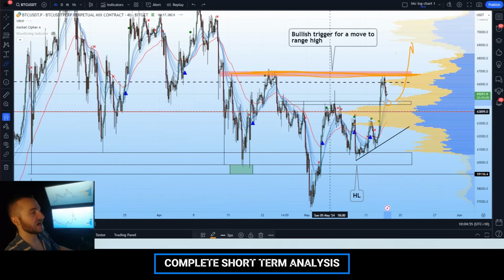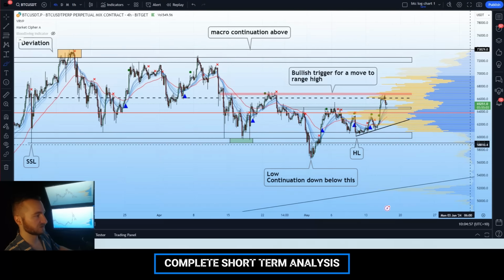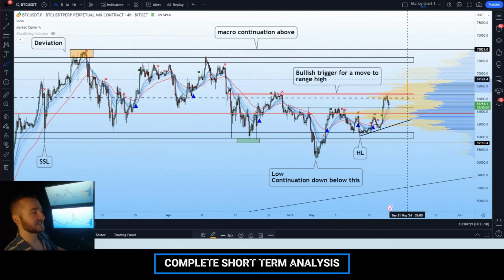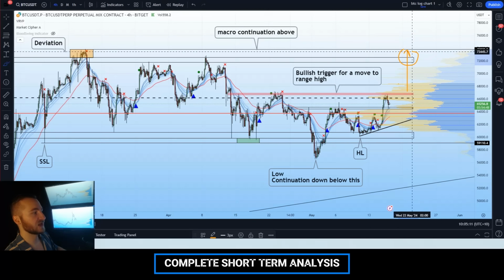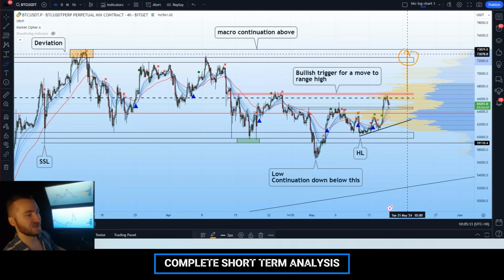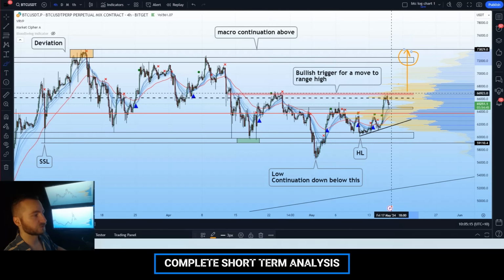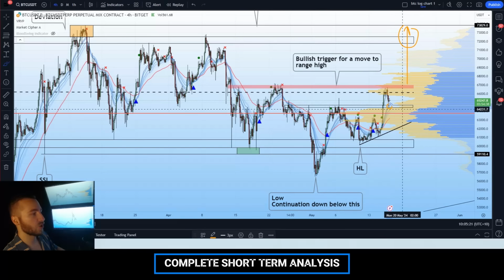If we break above $67,000, we are expecting a continuation aggressively, up to this high range at 71.5, potentially to 73,000. This range is likely to be retested again this month if we break through $67,000, and we are expecting to break through $67,000 provided this short term is able to hold as support.